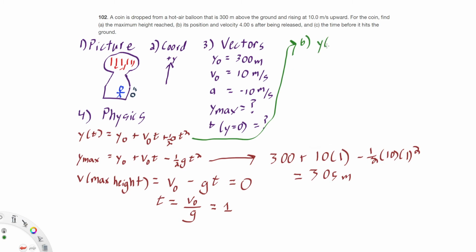Well, our height at 4 seconds is equal to 300 plus 10 times 4 minus 1/2 10 4 squared. Which ends up being 300 plus 40 minus 80, 260. That's a 10, not a 16.